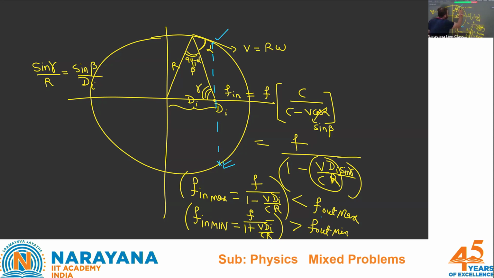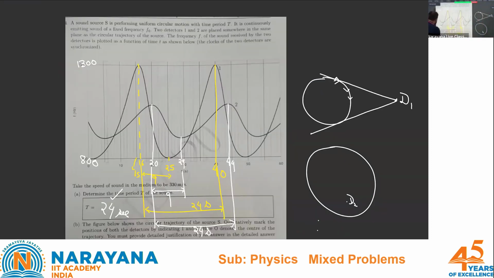And if this is the position of max and this corresponds to the position of min, then between max to min there is a gap which is constant again and again, and max to max again is a time period. So max to max in both the cases is the time period. So when he asks what is the time period, I'm convinced that the time period is 24 seconds.